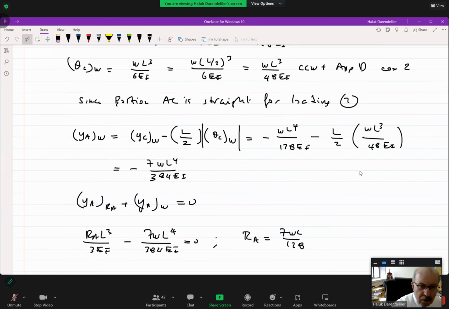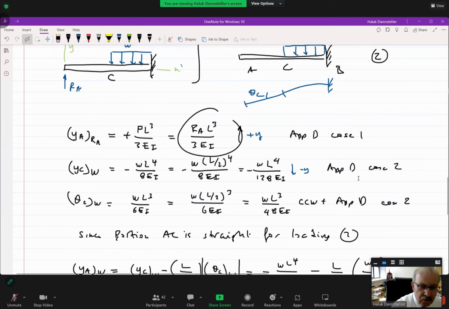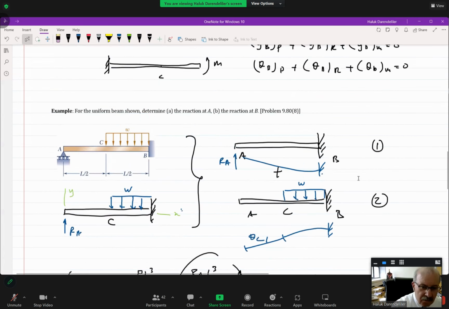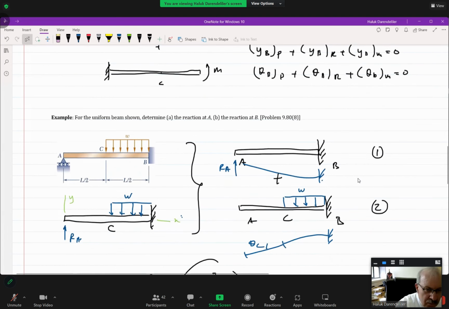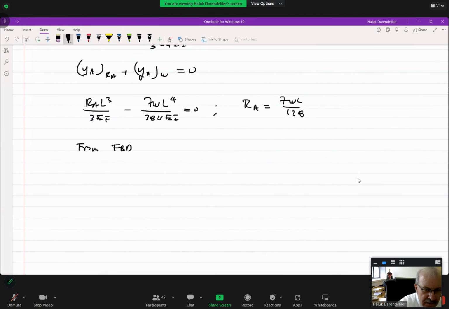Now look, by using this method, we have determined the reaction at A, and from free body diagrams, you can determine RB, which is asked in the problem, as, I'm just writing, 57 WL over 128, and you can determine the moment MB as minus 9 WL square over 128.